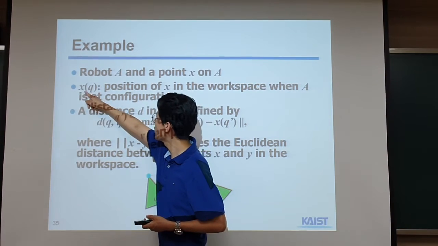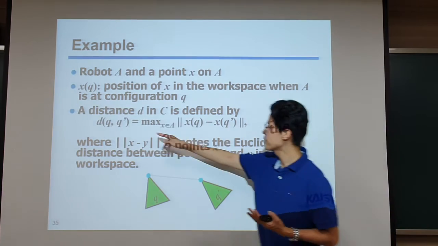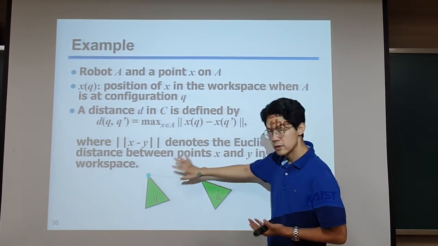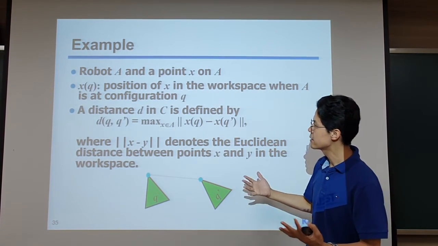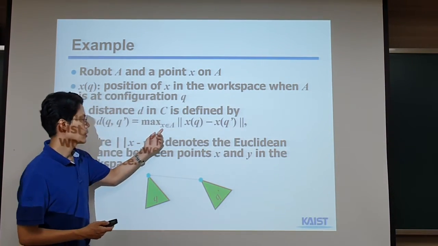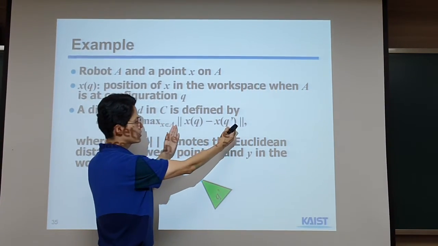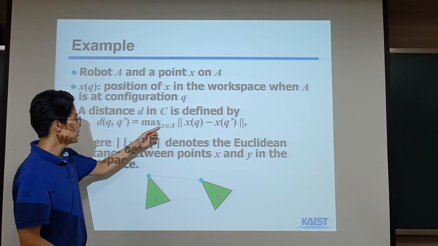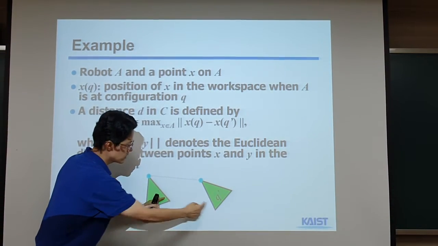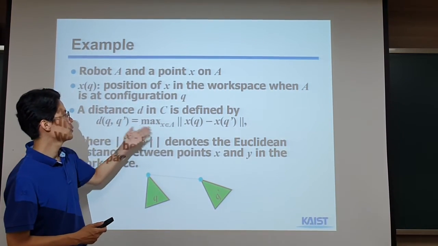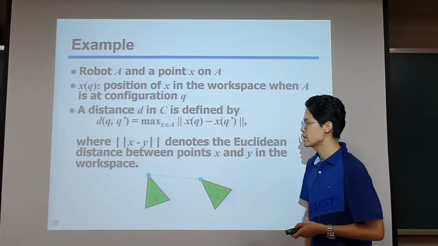Then we define the actual distance between two configurations. In this example, we have a triangle robot at this configuration, and we can define the distance by taking any point over the robot and measuring the distance of that particular point at that configuration. In other words, we measure the distance from there, and then we take the maximum one. Also, we can use this as a metric in that kind of robotic application.